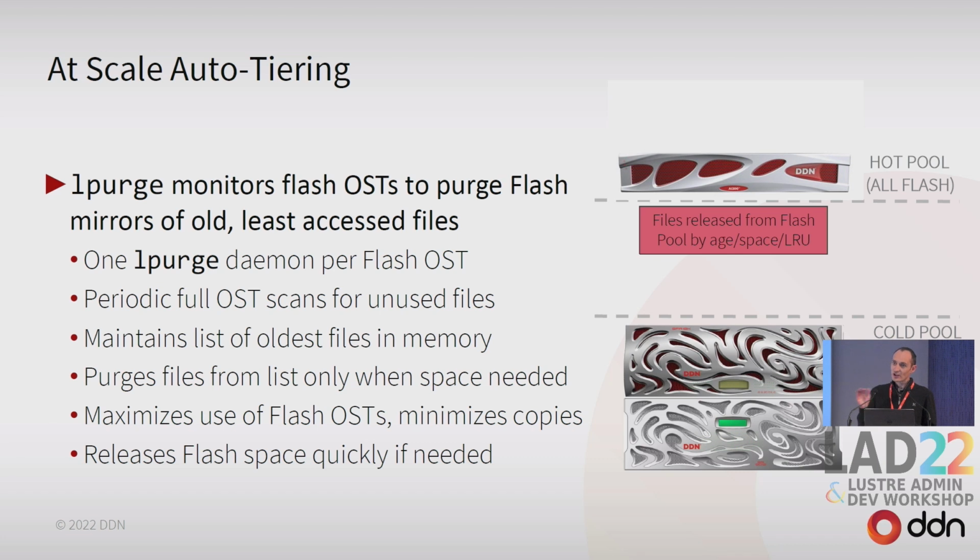This scan is made at a very low level so that it's cheap and efficient at the same time. The purpose is to maintain a list of the oldest files on those pools and then to purge those pools because they are precious. They have limited space but high bandwidth and IOPS capacity. So the purpose is to purge those files when space is needed, but it's also possible to quickly release space on demand.